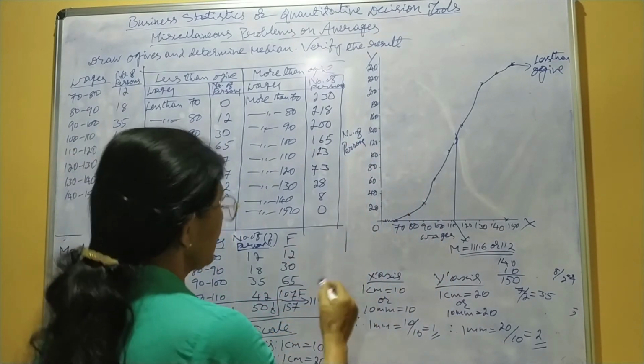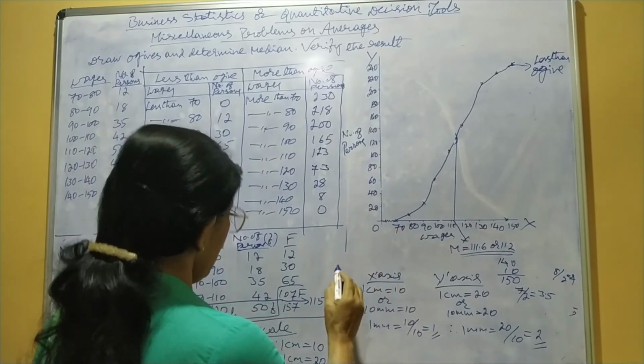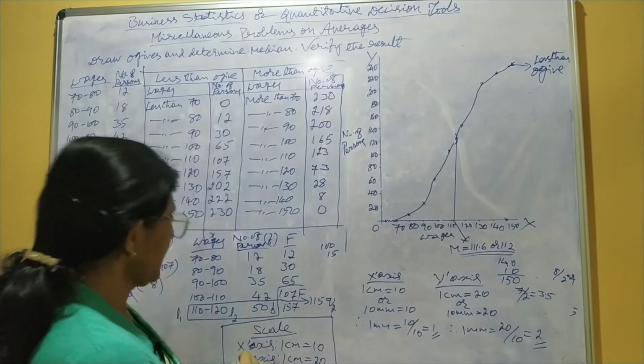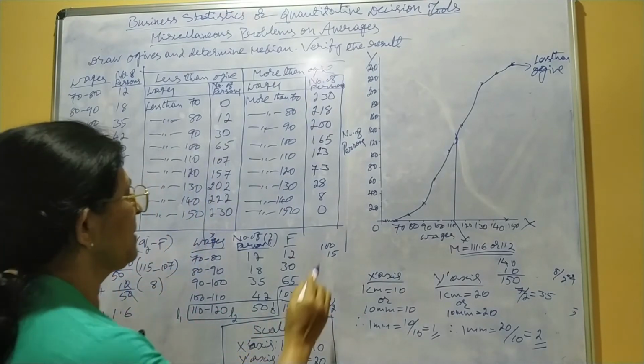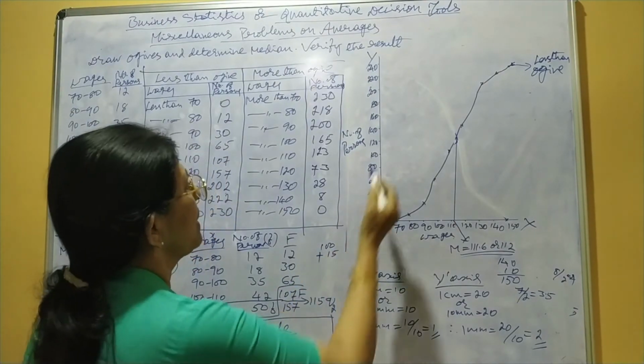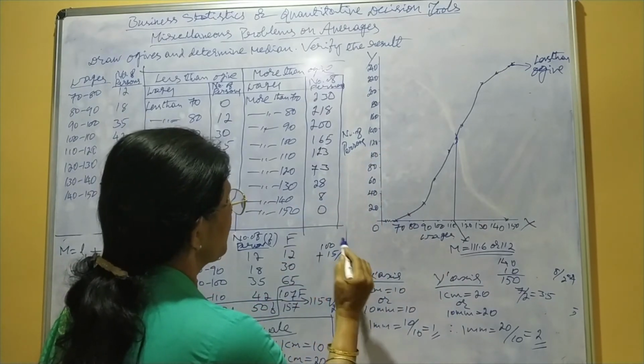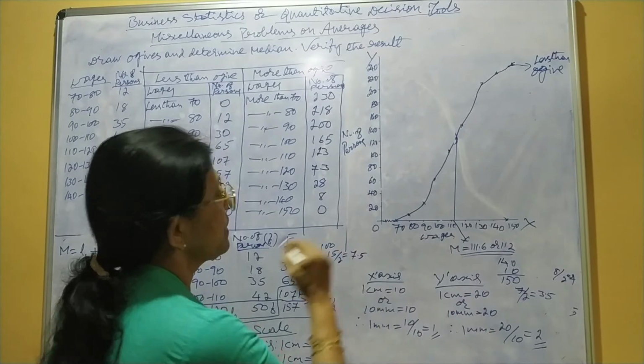That means here 100 plus 15, isn't it? 115 means 100 plus 15. Here we are having exactly 100. 15 divided by 2, that is 7.5.